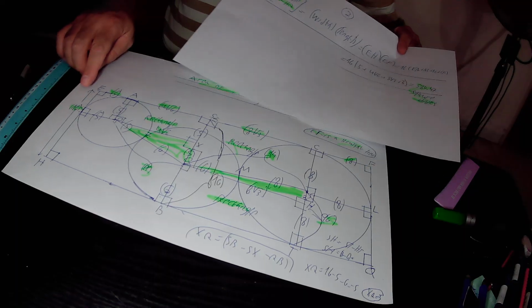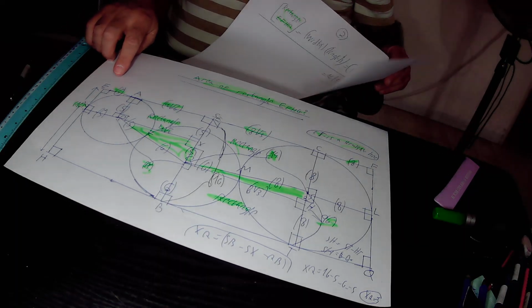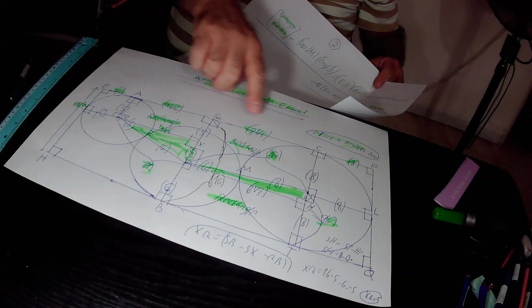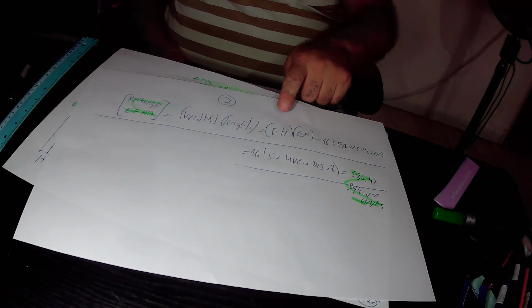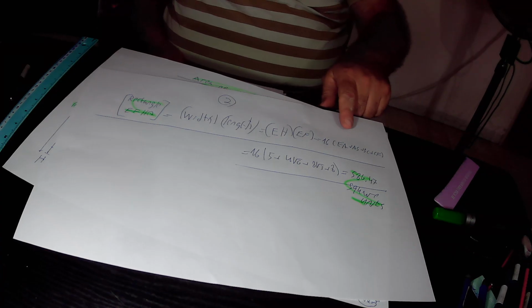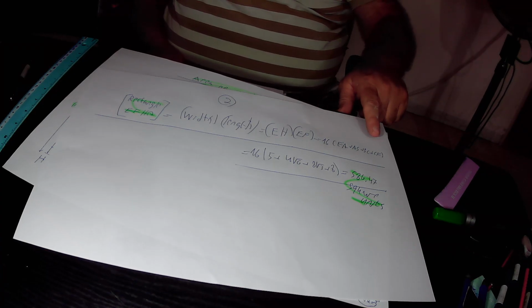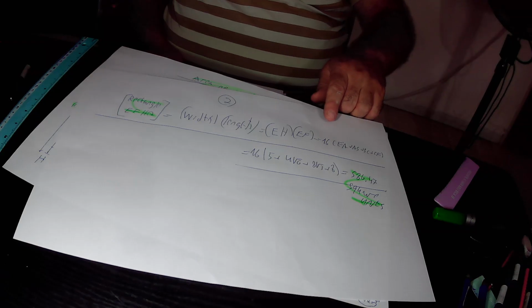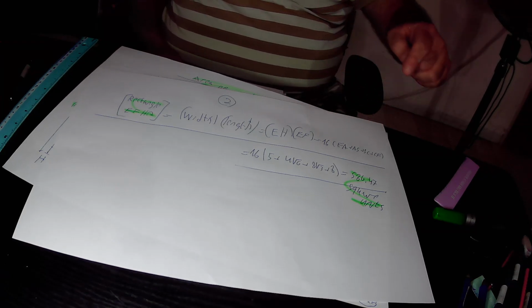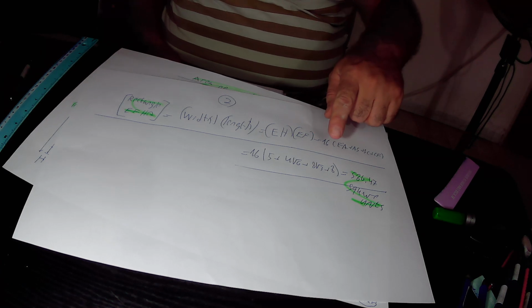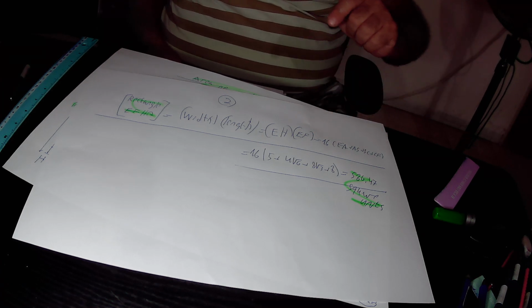EH is 16, and EF is EA plus SA plus SC plus CF. So it is 16 times the sum of EA, which is 5, SA, which is 4 times the square root of 6, SC, which is 8 times the square root of 3, and CF, which is 8.